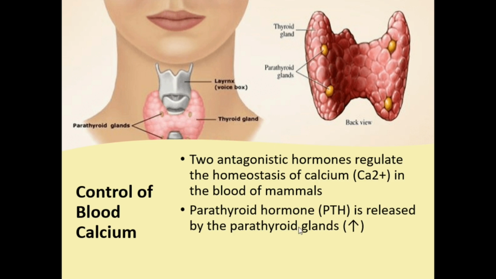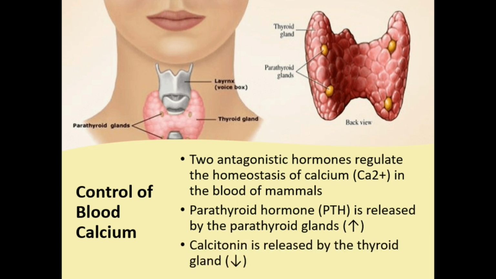Those two hormones: first, we've got the parathyroid hormone, often shortened to just PTH. This is released by the parathyroid gland. If we look at the diagram up here, we can see the thyroid gland, and the parathyroid glands are those small sections located on the thyroid gland. The parathyroid hormone is released by the parathyroid glands, and that will increase the amount of calcium within the blood, and we'll look at how this happens in a sec.